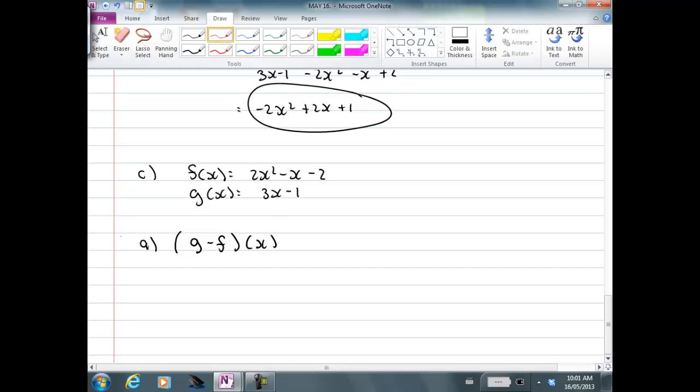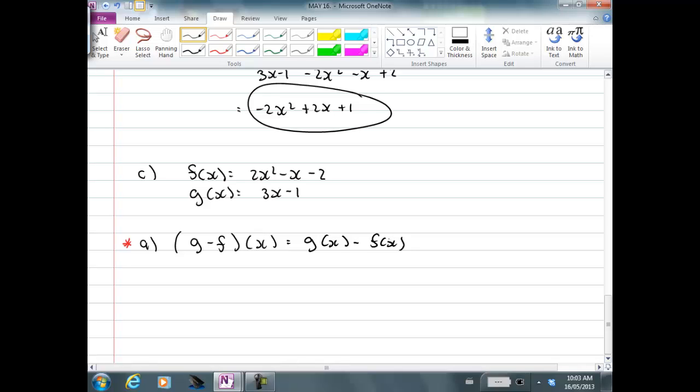I want you to start this question, because this question is asking in a different form. It's the same question, but notice now it's not as straightforward. I want you to learn to recognize the forms. This question is the exact same thing as asking you g of x minus f of x, except I asked you in a different way.